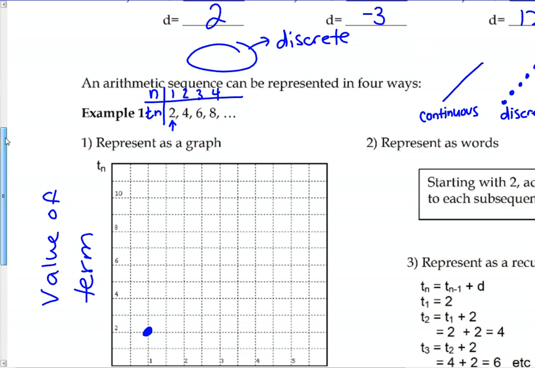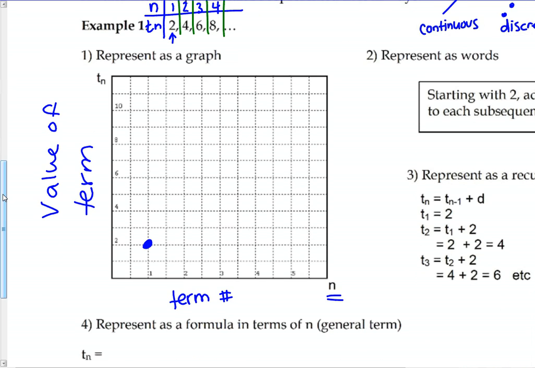So here's my term, right? You can make it into a chart. Here's n and t of n. So when n is 1, the value is 2. When n is 2, the value is 4. Third term is 6. Fourth term, 8. Now, is this finite or infinite?